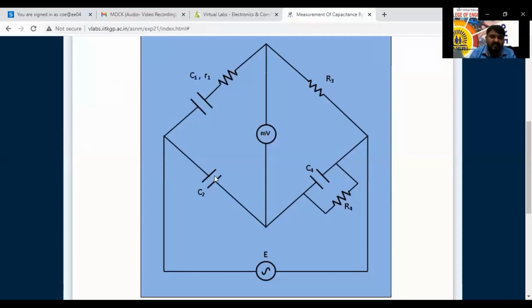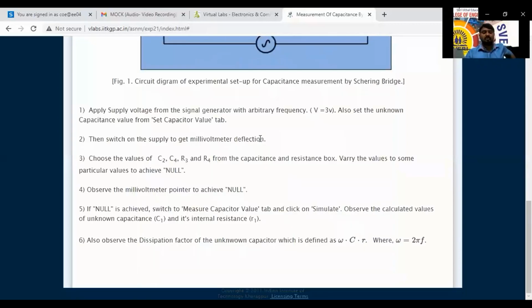Now by varying C2, R4, C4, R3, we can change this. We have to bring this to null position, to 0. Once it is 0 or closer to 0, then we can say it is a null detector. Now it is in the 0 position.